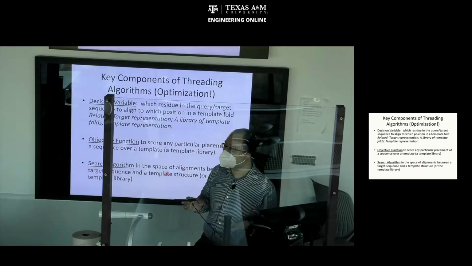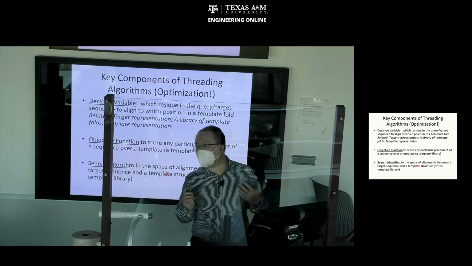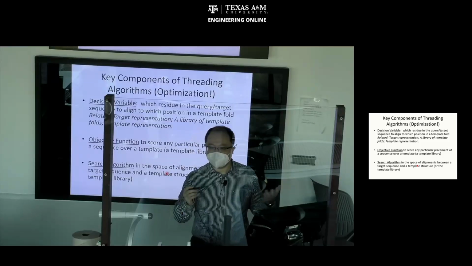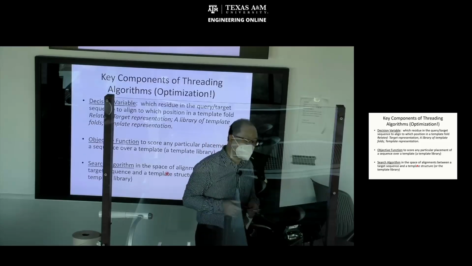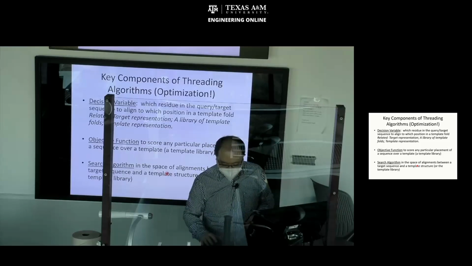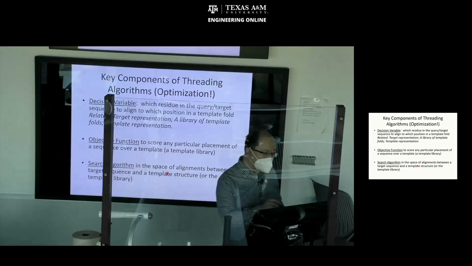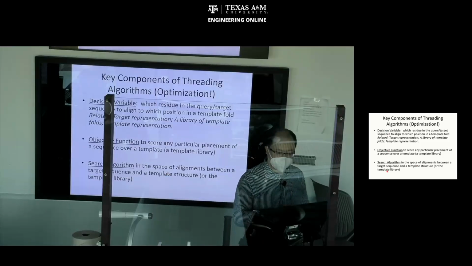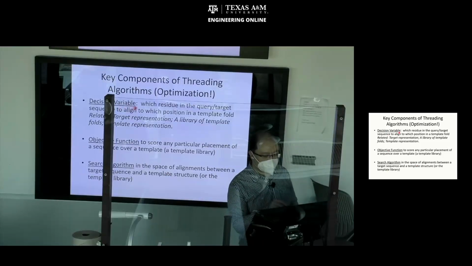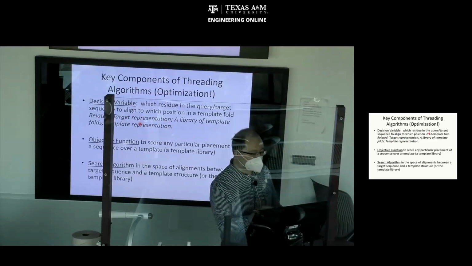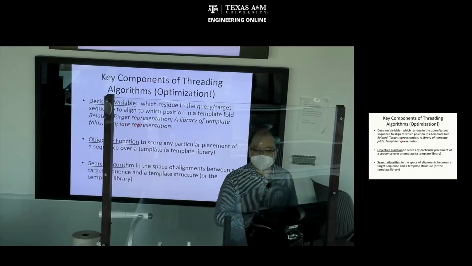We already knew from the sequence alignment that we cannot afford brute force enumeration, which gives us astronomical combinations. Okay, now let's follow these three elements and start with the decision variable. Remember that to do that, we have to represent the query or the target sequence as well as the template folds.